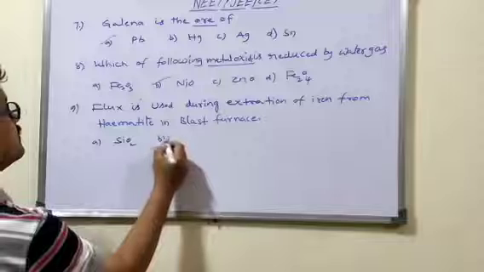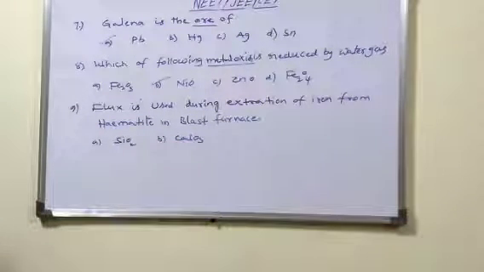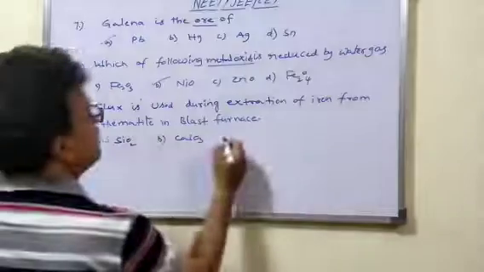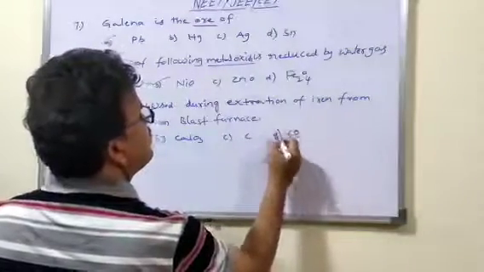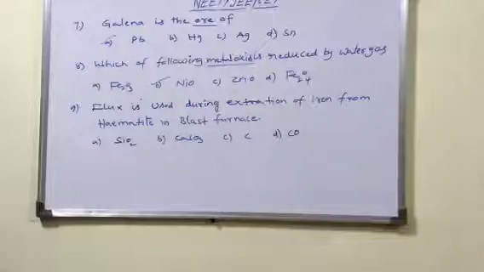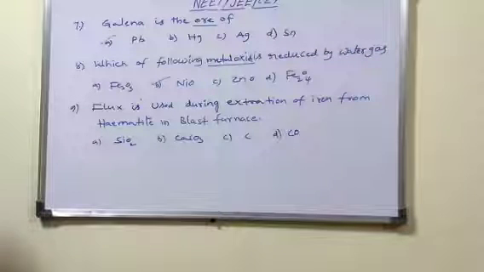Options: SiO2, CaCO3, CO. This is the question given. Which flux are you using in the blast furnace during extraction of iron?